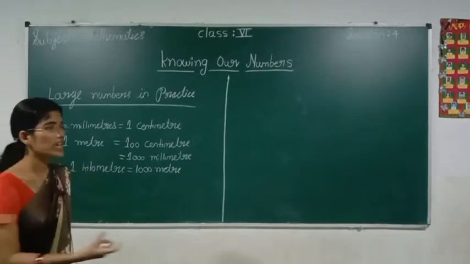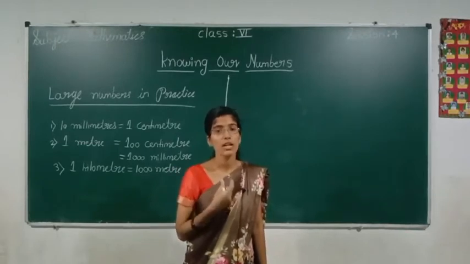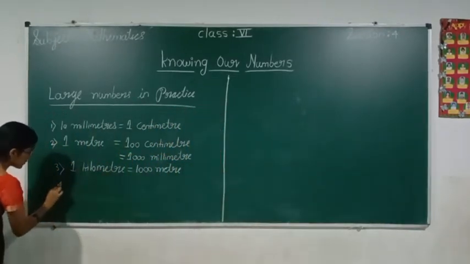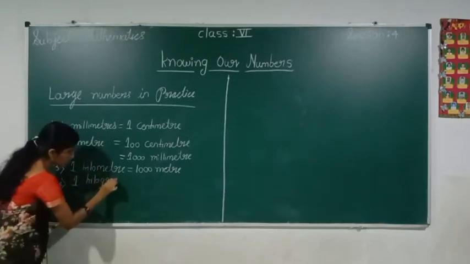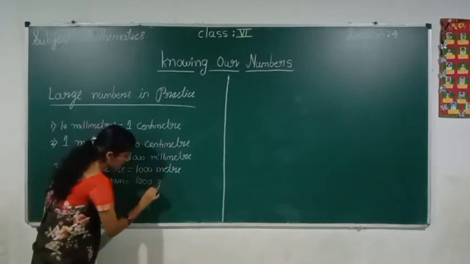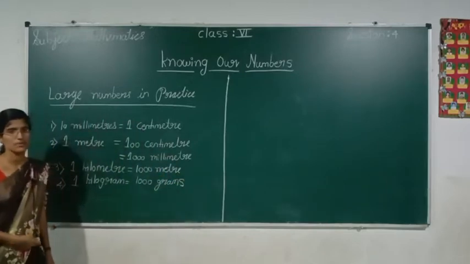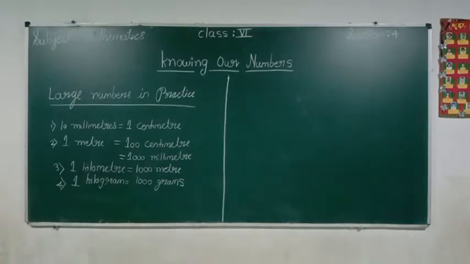You will take 1 kg of rice or 2 kg of rice. 1 kilogram is equal to 1000 grams. So when we go to the market, we ask for 1 kg of rice or 2 kg of rice, yes or no?